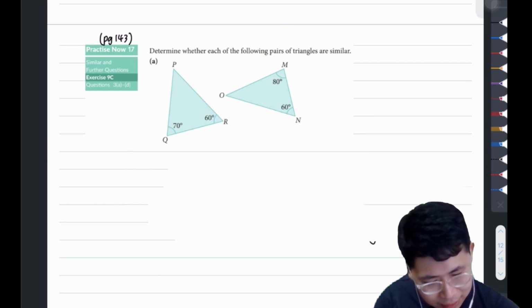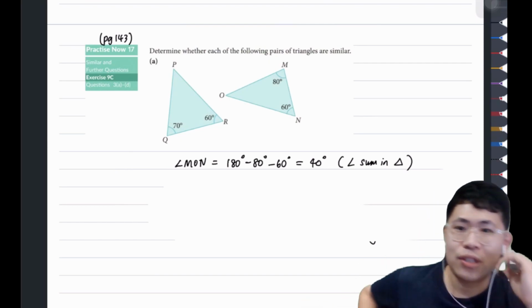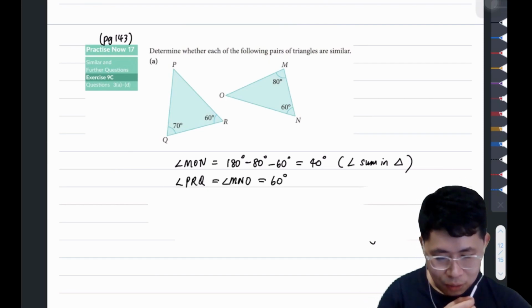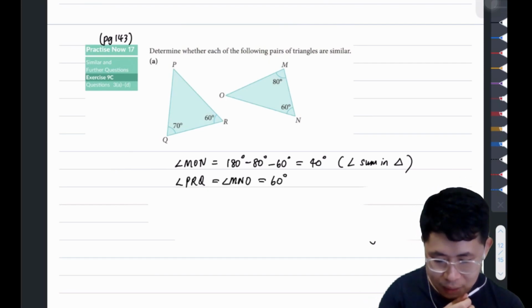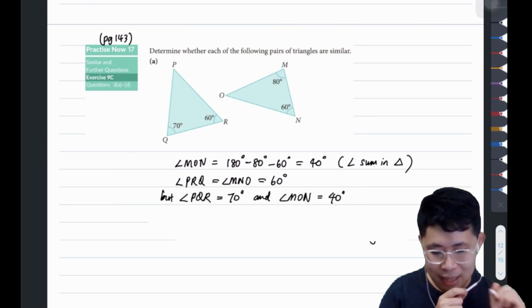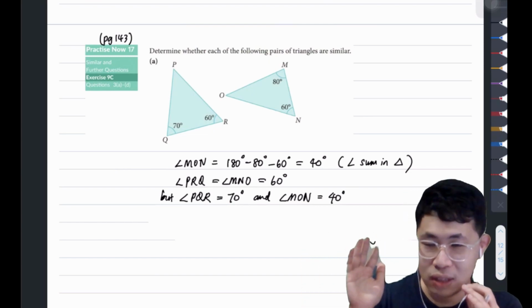So the third angle is, MON, you do the minus, so it's going to be 40 degrees because of the angle sum in a triangle. So we have angle PRQ equals angle MNO, which is 60, but the angle PQR is 70 and angle MON is 40.